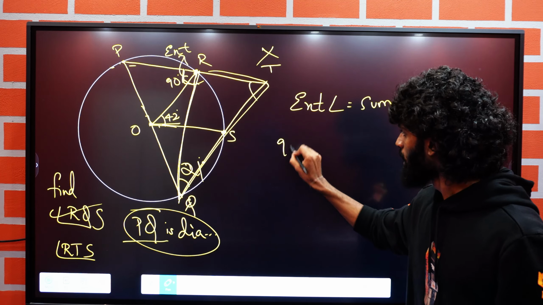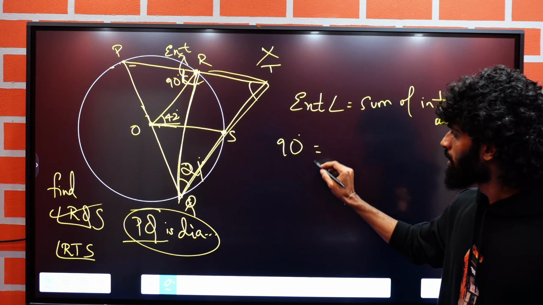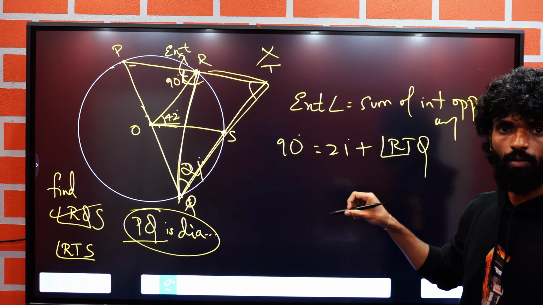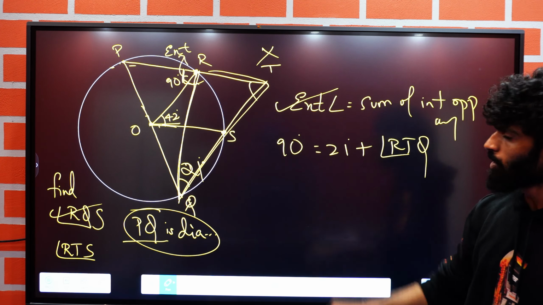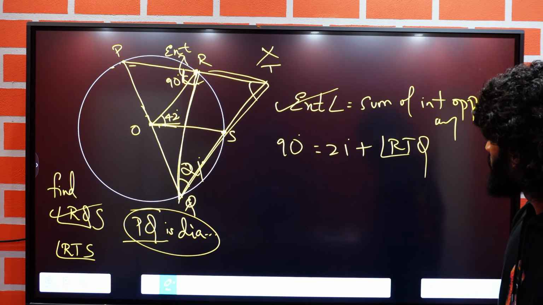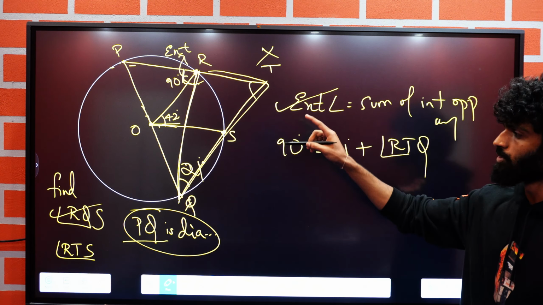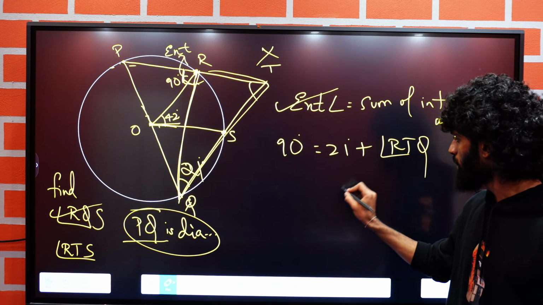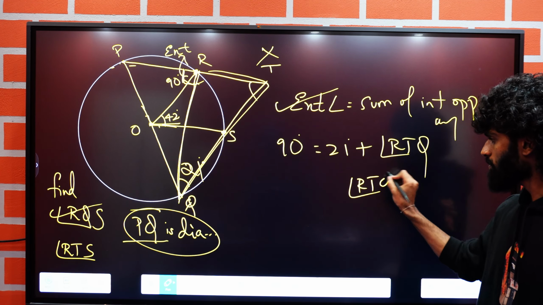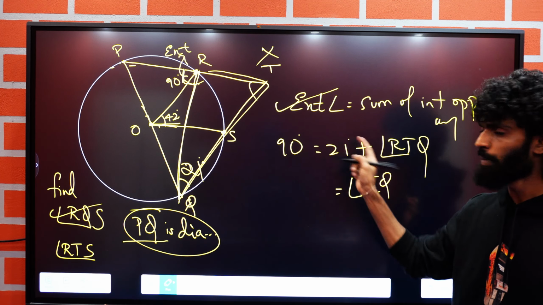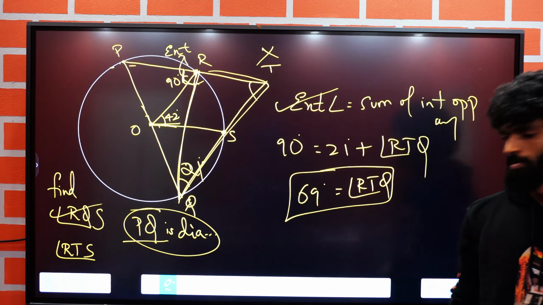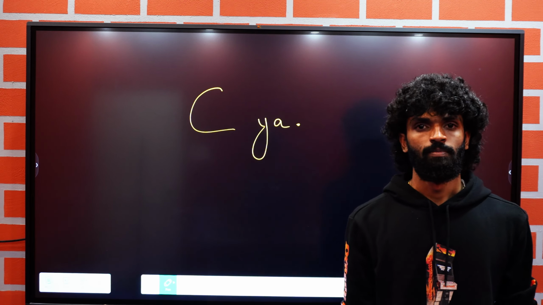So I'm telling 90 degrees equals 21 degrees plus RTQ. What's the reason? Exterior angle equals sum of interior opposite angles. This is for a triangle. So this was the triangle I was dealing with. So obviously the next step will be RTQ equals 90 minus 21 degrees, 69 degrees. That's it. See you in the next video.